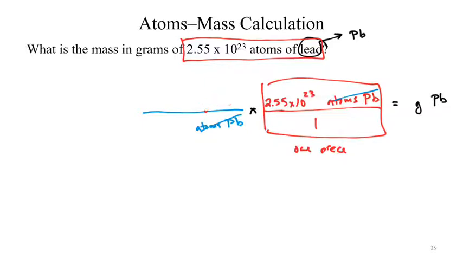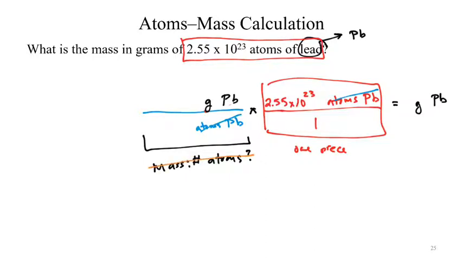And because I don't like that color being red, I'm going to write grams of lead. So now I have to ask myself, where is there a conversion that relates mass and the number of atoms of a substance? Well, that conversion factor, unfortunately, does not exist.